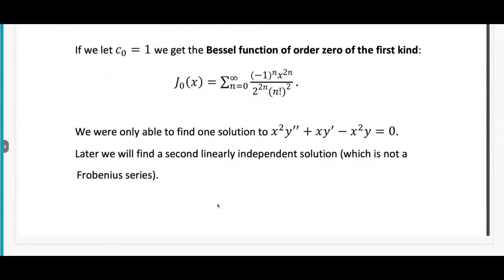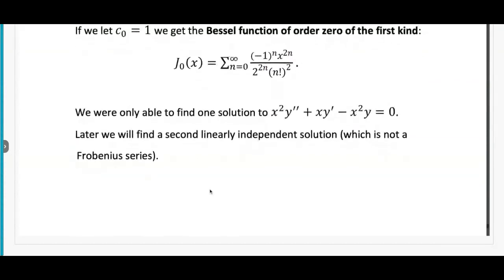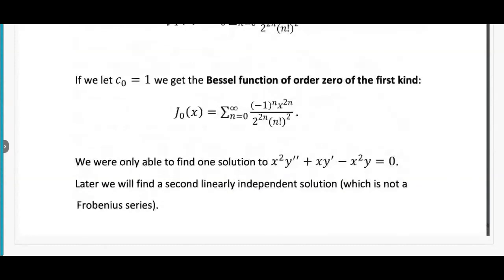So we're only able to find one solution for this equation. Later we will find a second linearly independent solution, which is not by Frobenius method. For Frobenius method, we can only find the first solution.